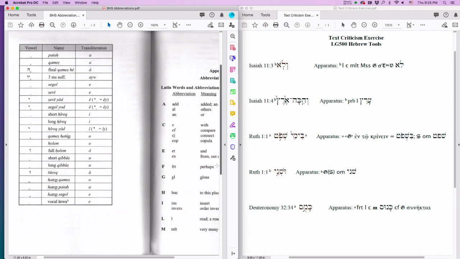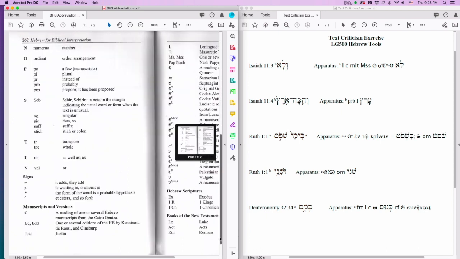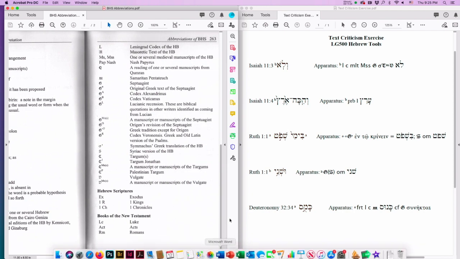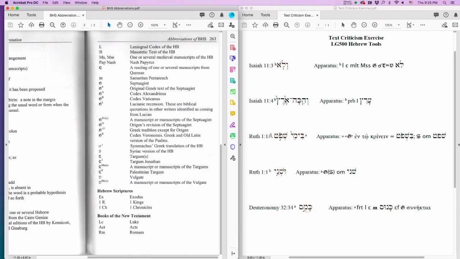Going back to our apparatus and the little key that we have, it says that instead of reading in the days of the judging of the judges, the original Greek text of the Septuagint reads ento krinein, which in Hebrew would be simply the preposition bet on the front of shafot.